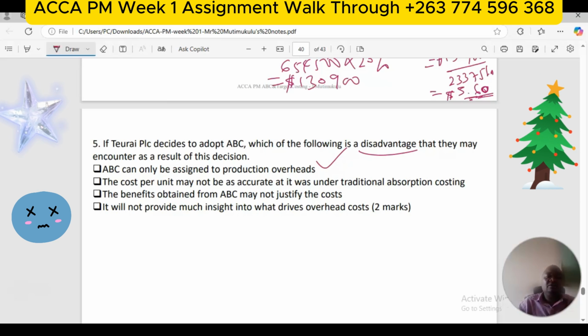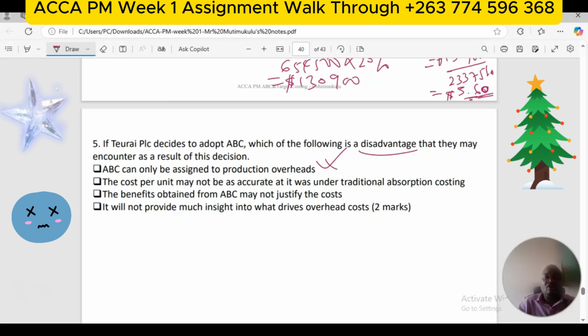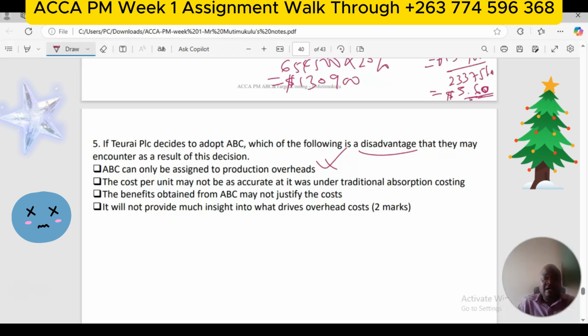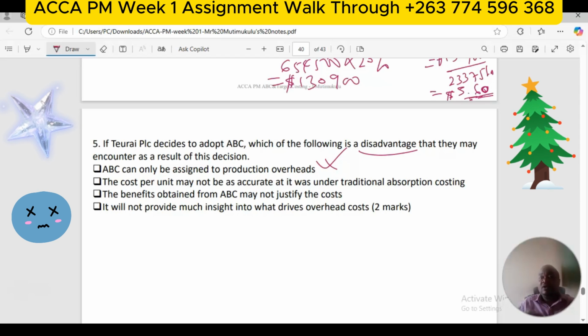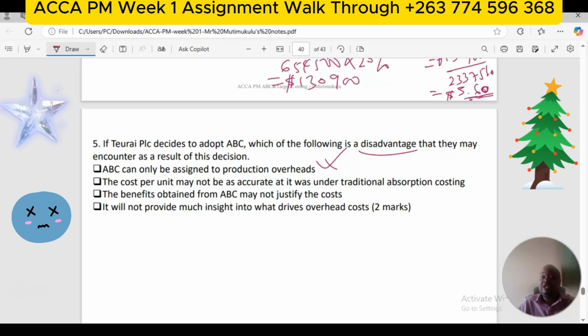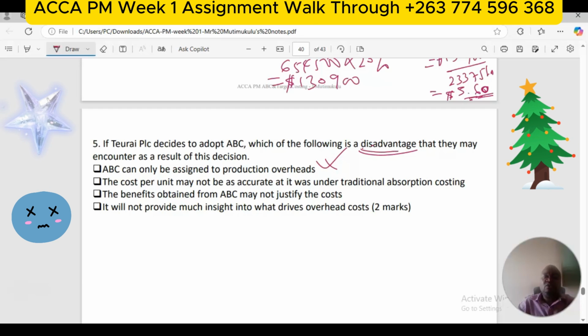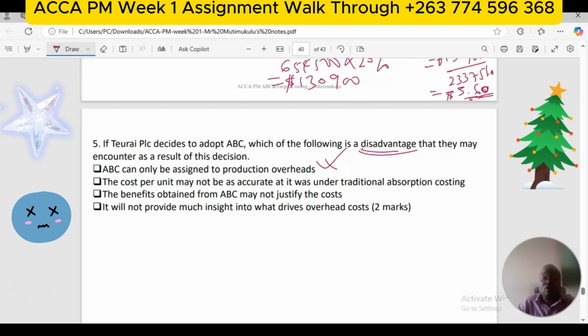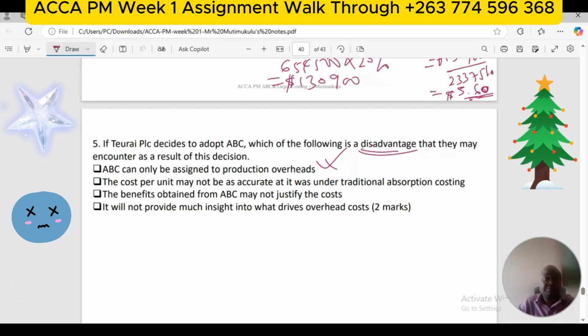Okay, it's true in the sense of ABC application, but it's wrong in answering the question, because the question wants the disadvantage. So this one cannot be a disadvantage of using ABC.